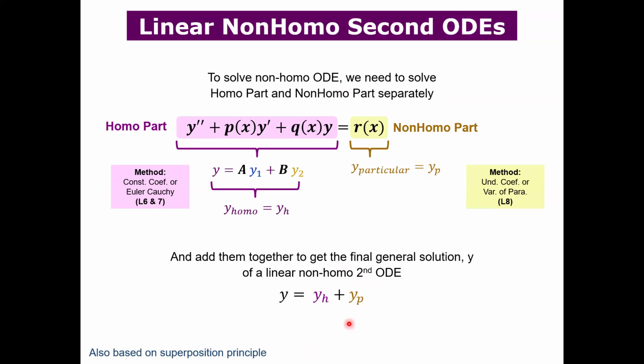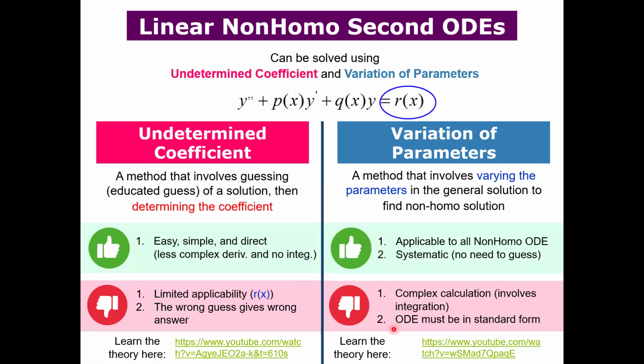Just for you to know, this equation is also based on the superposition principle that I have covered before. Linear non-homogeneous second-order ODE can be solved using undetermined coefficients and variation of parameters. The first method involves guessing a solution, then determining the coefficients. Guessing the solution means we are guessing the YP, and then we determine the unknown coefficients.